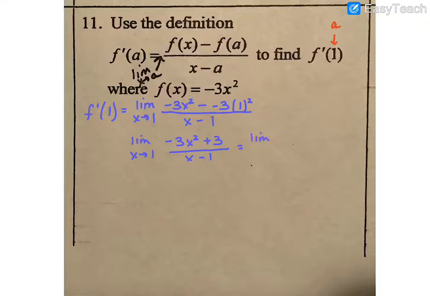So the limit as x approaches 1, on top there is a GCF of negative 3 that I'm going to factor out. When I factor out that GCF of negative 3, I then have x squared minus 1, still over my denominator of x minus 1.